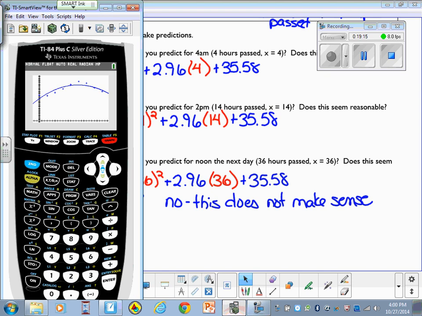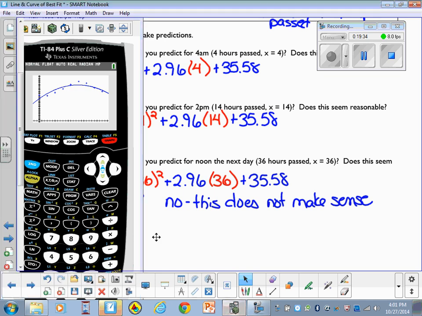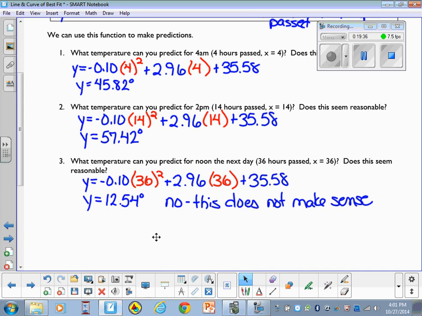It makes sense from 0, and it'll make sense out to 24 tick marks here. But after that, it's not going to make sense because we're going to go down into the negatives and have really, really tiny numbers. So we have to be careful about what makes sense and what doesn't make sense when we're using our models to predict data.